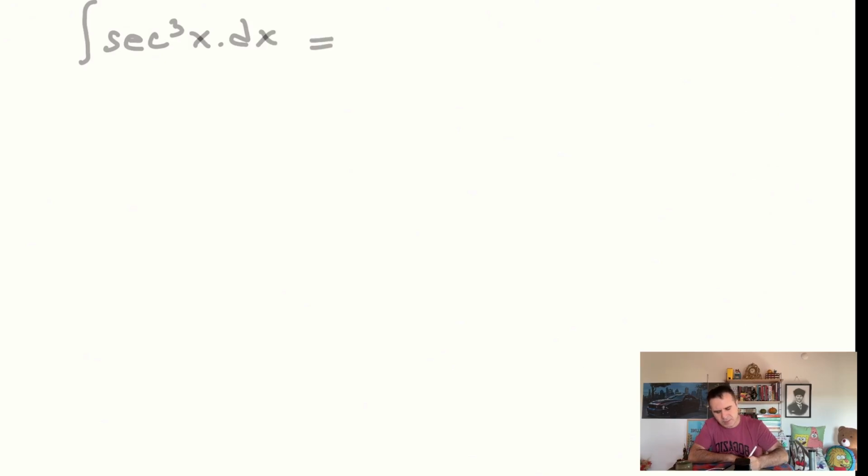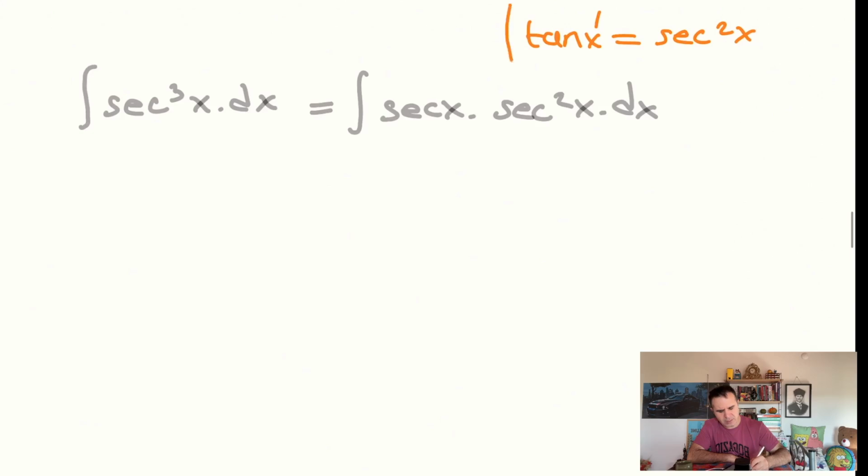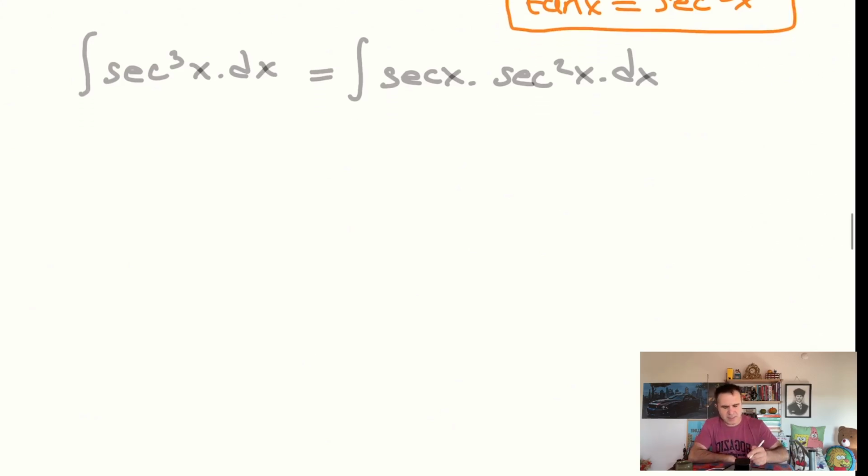And for doing this, we will write the integral again as sec(x) times sec² of x dx. We know that the derivative of tangent x is equal to sec² of x. You should know this for this problem. Let me remind you the integration by parts.